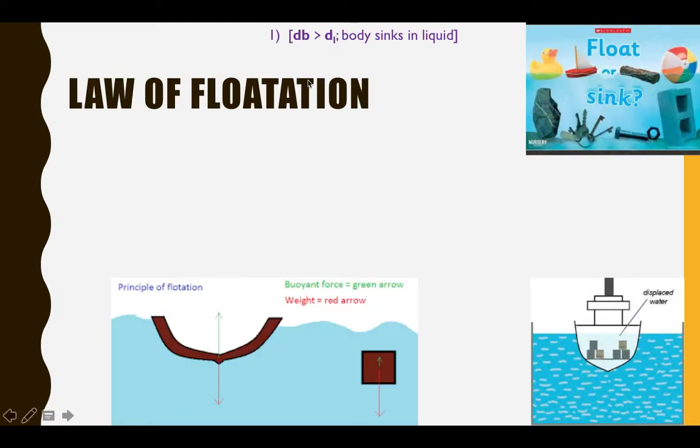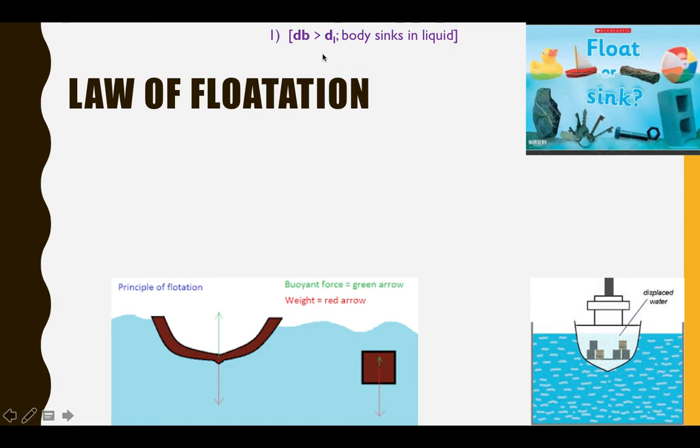Law of flotation. Generally, what you understand is if the density of a body is more than the density of the liquid, the body sinks in the liquid. This is the general understanding. Like in this picture you can see the rock, key, screw and block sinking in water. The reason is they have more density.